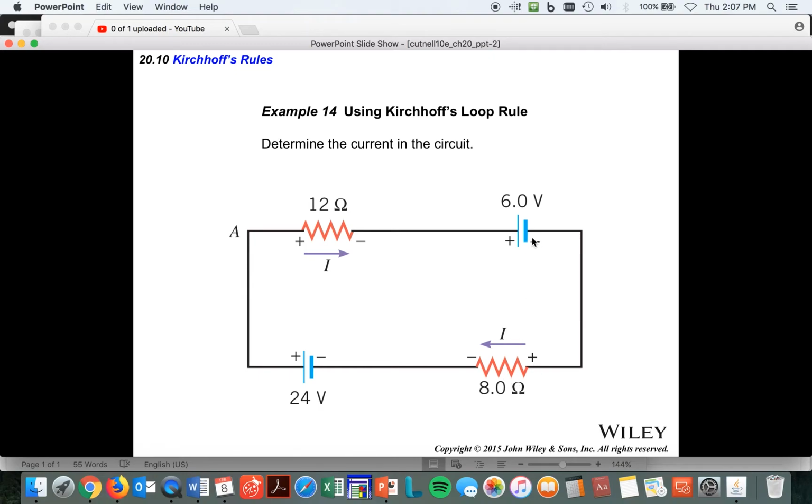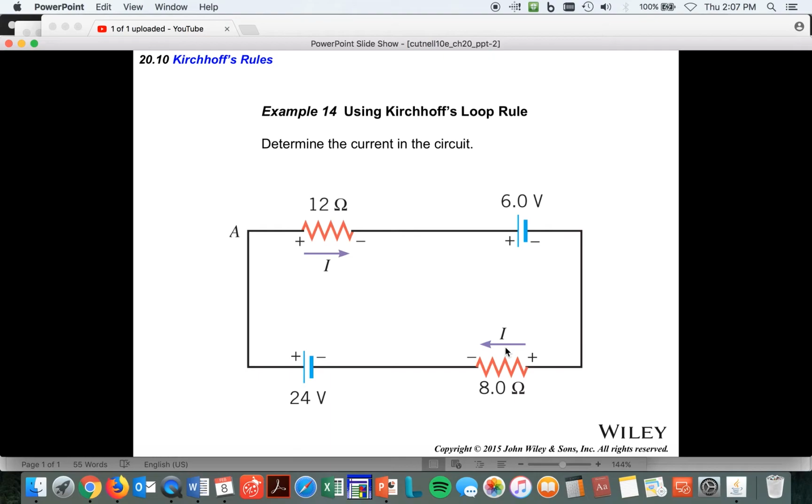So to determine the current, I've got 12I plus 8I. Those two voltages are dropped. Then I've got another drop. So the gain of 24 is equal to 12I plus 6 plus 8I.